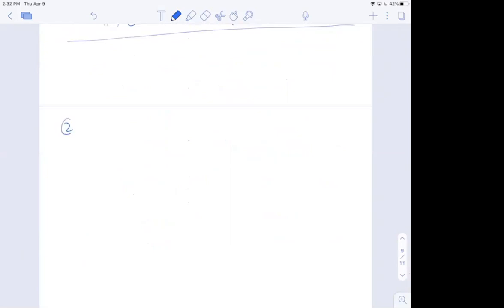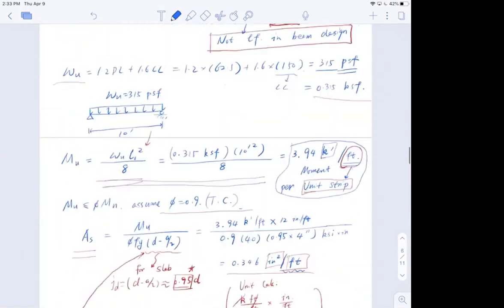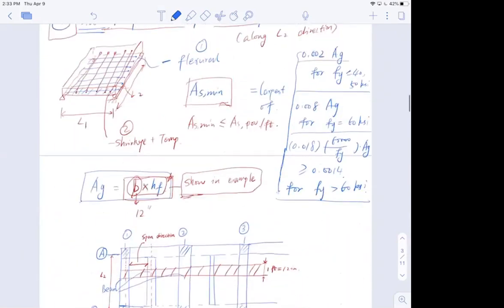So second step, determine the shrinkage and temperature reinforcement. For that, we can go directly into the equation. The equation says As min. Remember from the previous lectures, there's a series of equations, so let's go back real quick and review what we have written here.